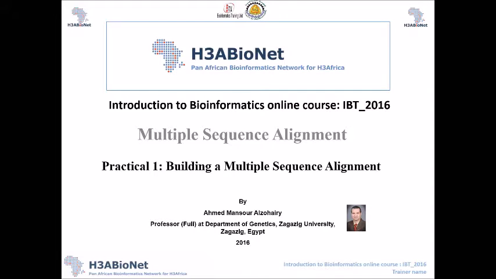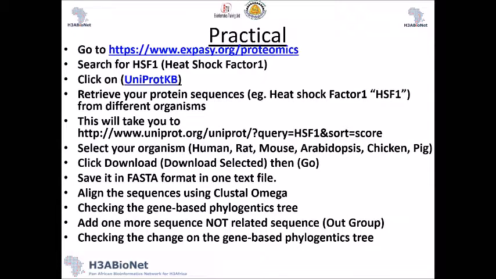in the course. So simply what we're going to do is go to one good website, which is ExPASy, for protein sequences and protein information, and retrieve protein sequences from there, especially from UniProtKB, which is a very good website for protein information and sequences.